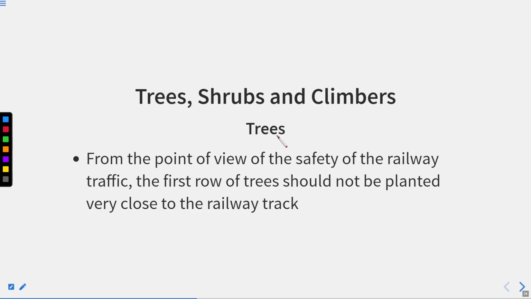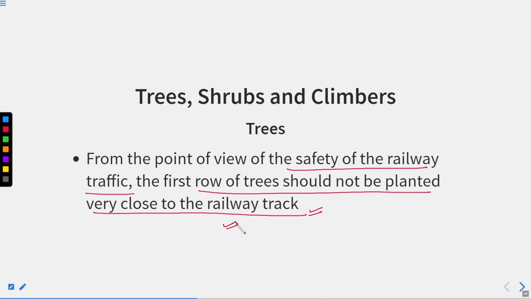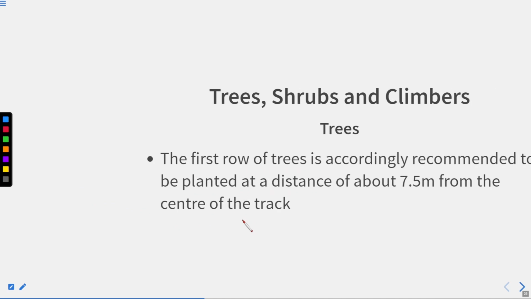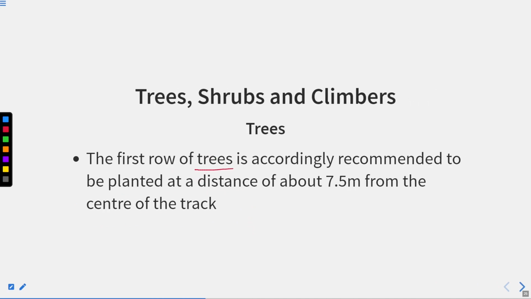From the point of view of the safety of railway traffic, the first row of trees should not be planted very close to the railway track. This is very, very important: the line of the trees should not be very close to the railway track. It should be quite away from it. The first row of trees is recommended to be planted at a distance of about 7.5 meters away from the center of the track.